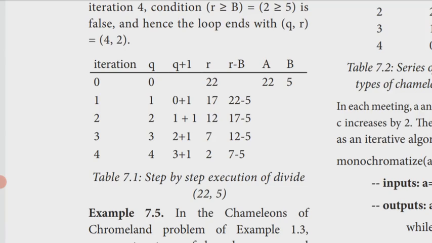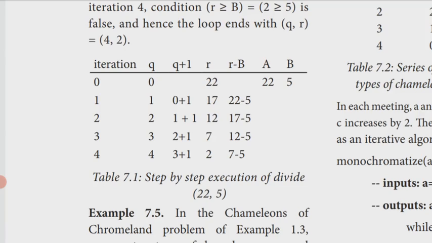Here they are dividing the number at each and every step. 5 fours are 20, so the remaining is 2.